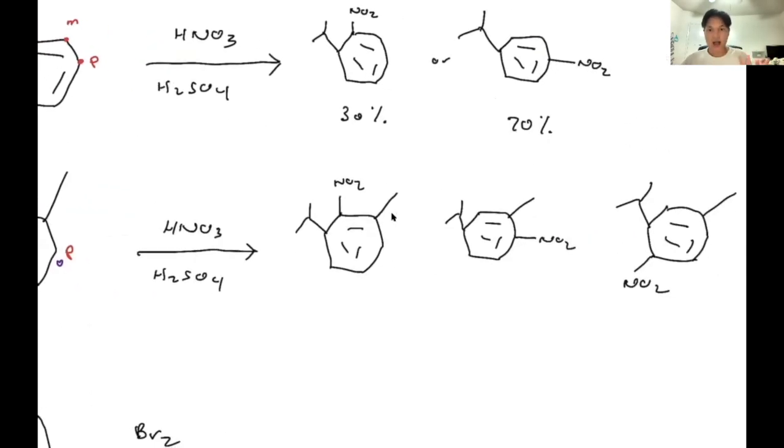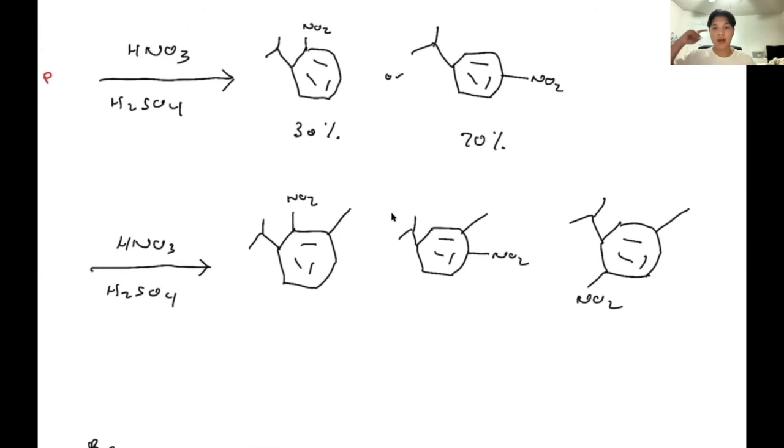So if you're taking a look at these three products, in my mind, this is going to be the one that does not happen, and might not happen because of the steric hindrance, right? If it does happen, it might be at like 1% or 5%.